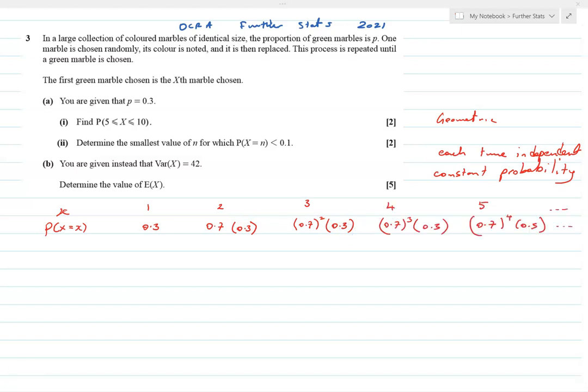Now, in this question, we're being asked for the probability of getting x between 5 and 10.